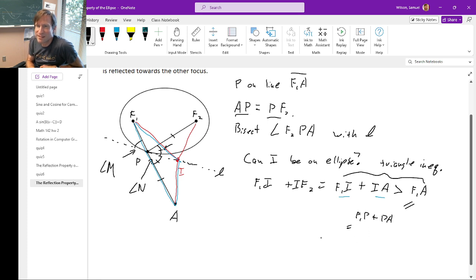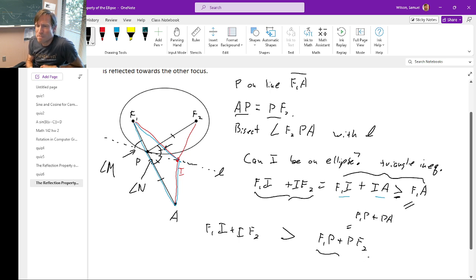So this is the distance from F1 to P plus the distance from P to F2. And now look what we have. We have the distance from F1 to I plus the distance from I to F2 is greater than, because of this inequality right here, greater than the distance from F1 to P plus P to F2.